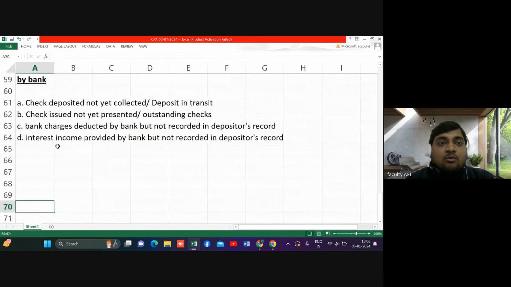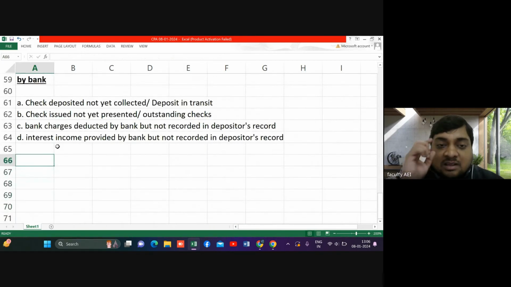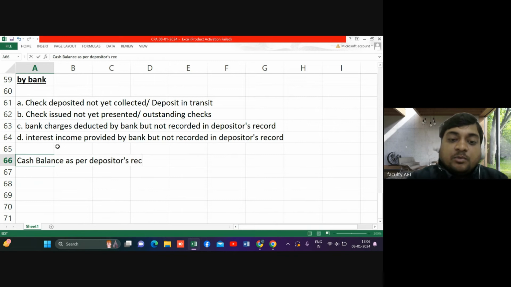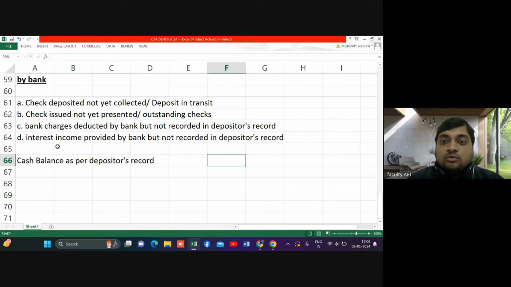Okay. So now what will happen? They might provide you with cash balance as per depositor's report, and they might give you cash balance as per bank, right?